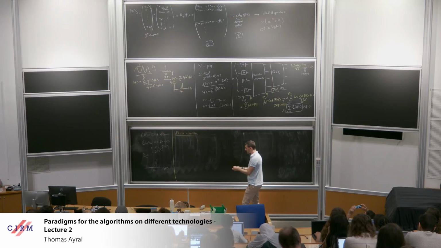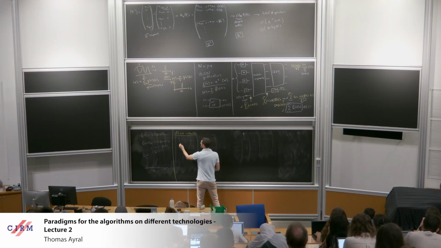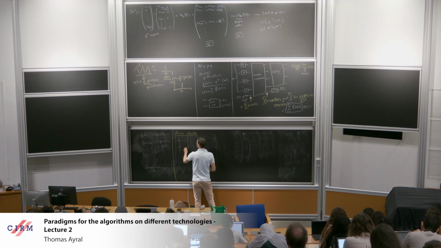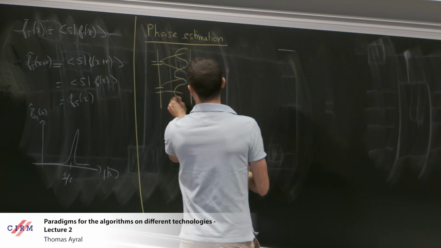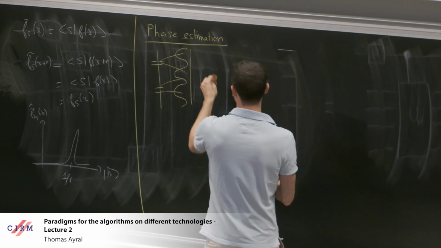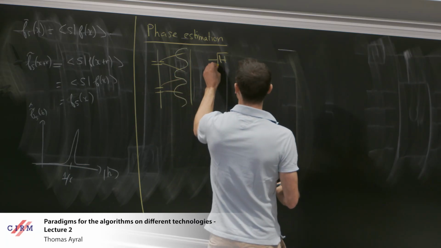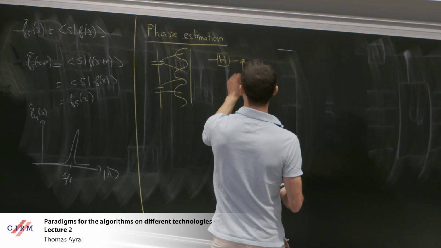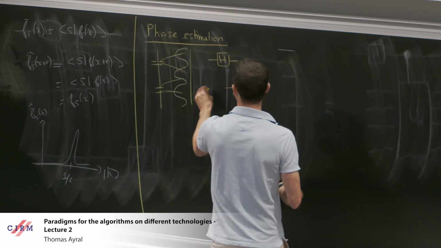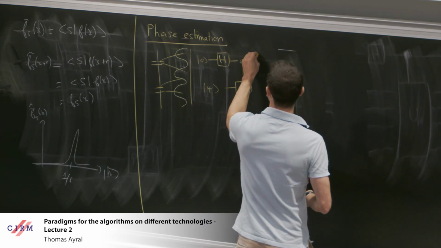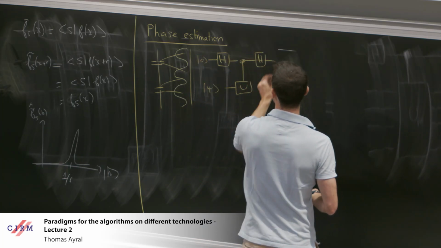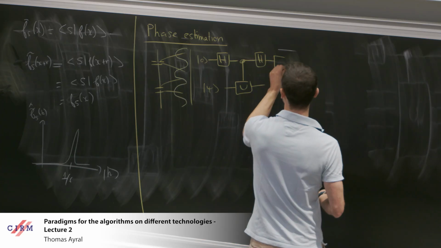So phase estimation. You remember yesterday we had a small analogy with two Young slits, and we had seen that if I have light here, what I'm going to see on my screen is a cosine. And the corresponding circuit was a Hadamard gate to split the ray in two, then a unitary to dephase it if I have an input vector which is an eigenstate, and then I do a Hadamard gate to interfere, to have interference patterns between the two.